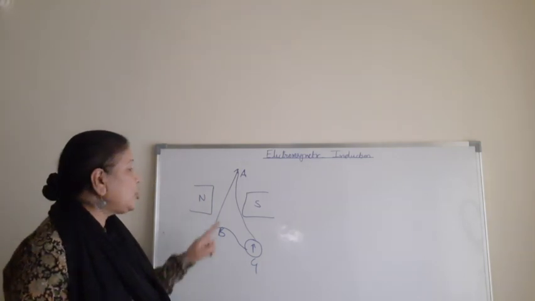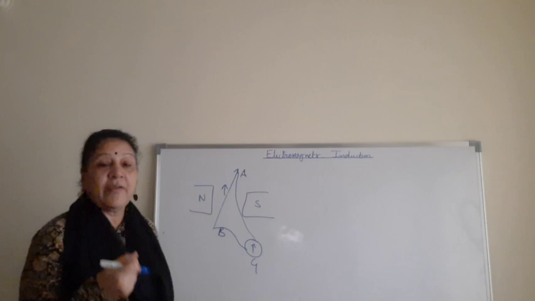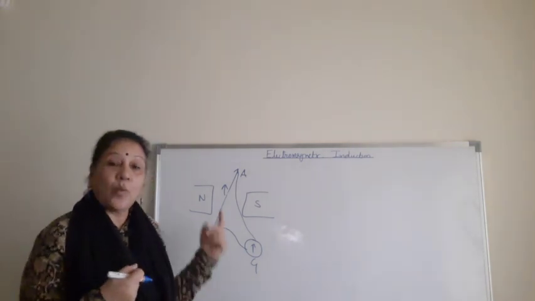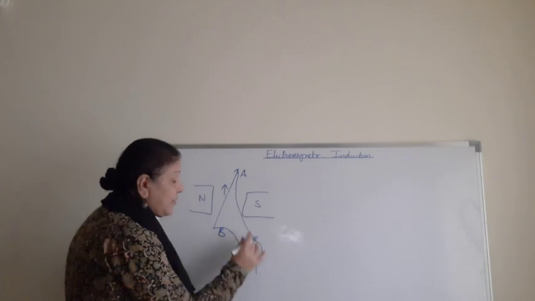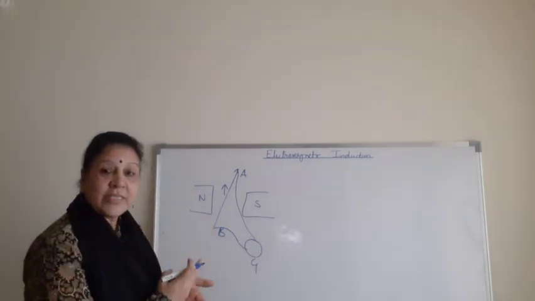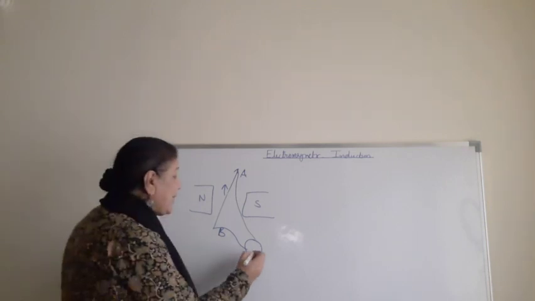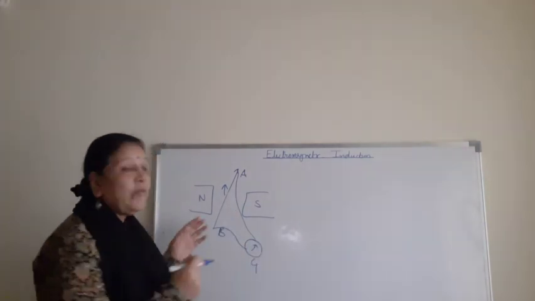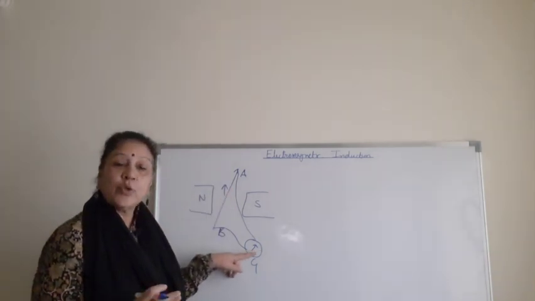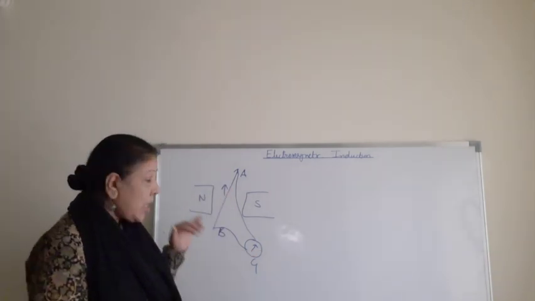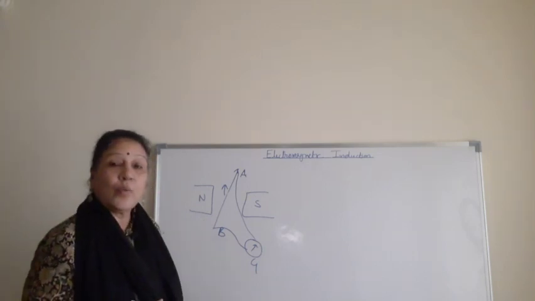So what we are going to do: if I rapidly move this wire up, I'll see that the galvanometer pointer, which is always at the center when there is no current, is deflected to one side.